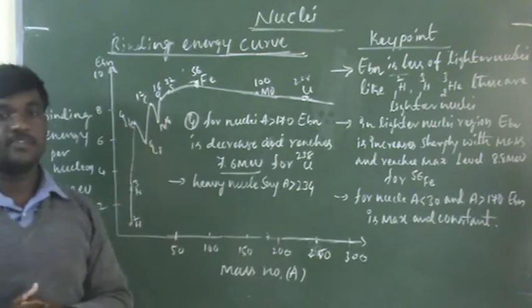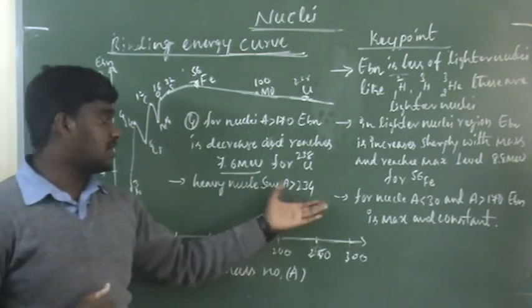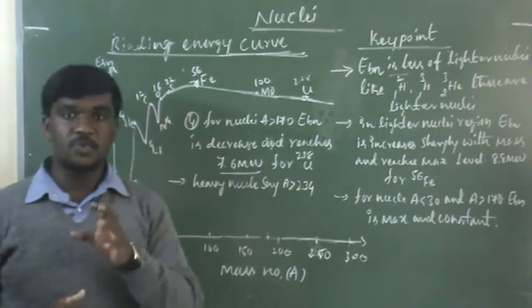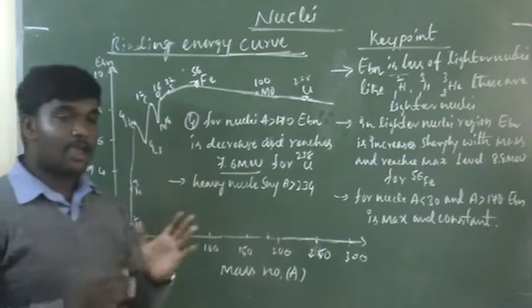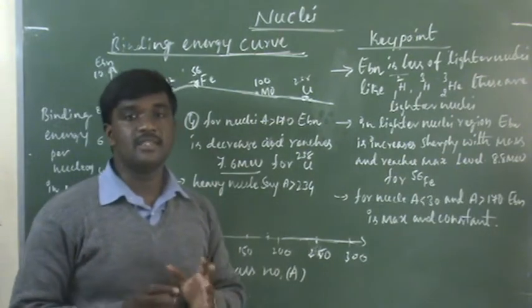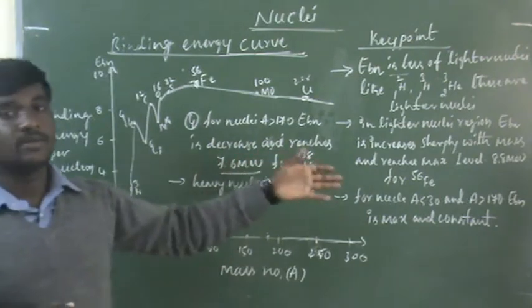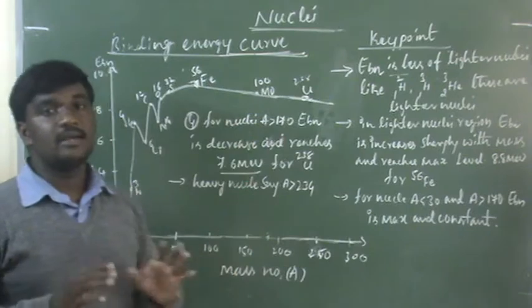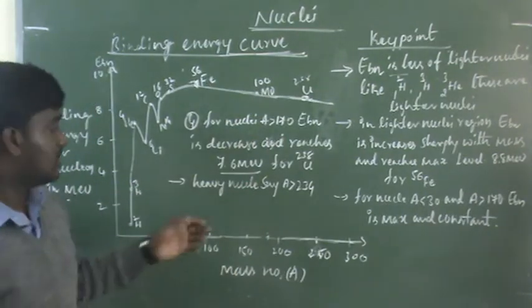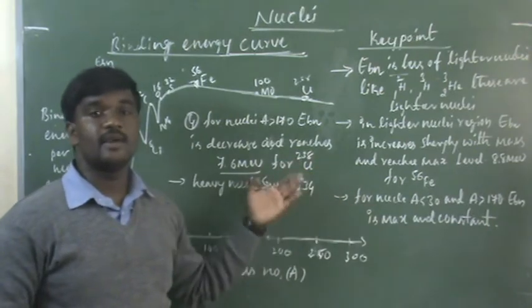Under nuclear fission, the stability of the atom, during this process the energy is released. Heavy nuclei means the mass number is greater, A is greater than 234. Binding energy per nucleon decreases or is less during nuclear fission.